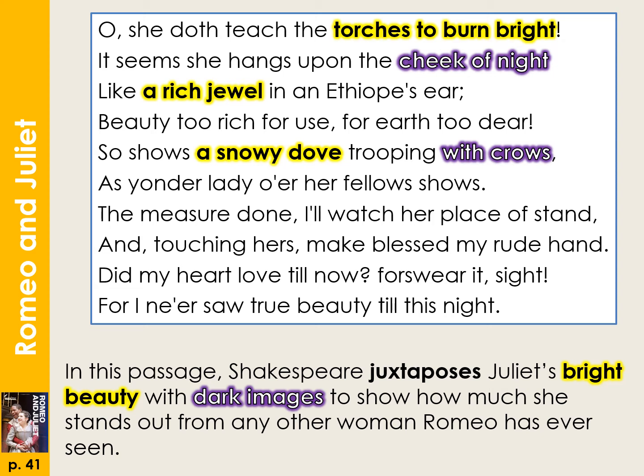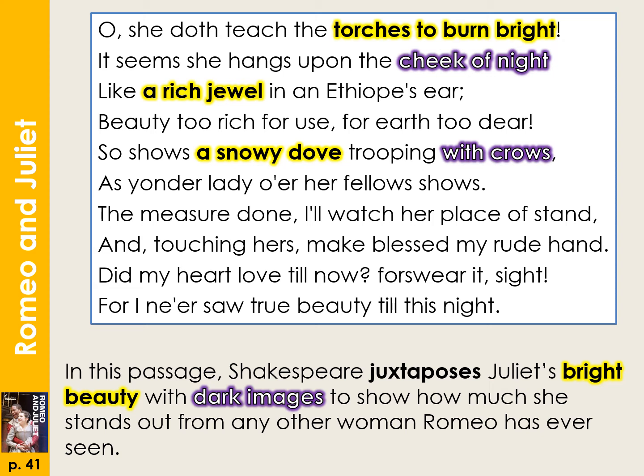We can see that he uses some references to darkness in this speech as well. He says she teaches the torches to burn bright, and it seems she hangs upon the cheek of night. Then we have this line which we've looked at already about a snowy dove trooping with crows, and we've had our image of that, haven't we? The white dove and the black crows.